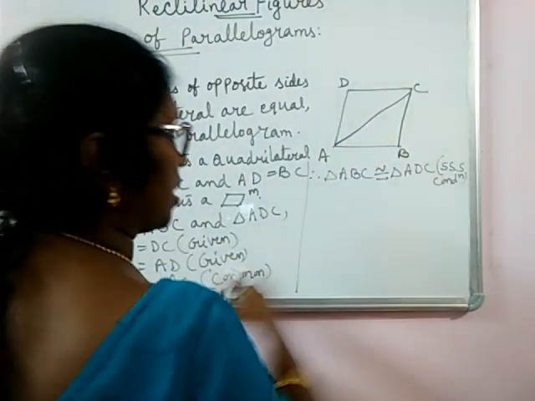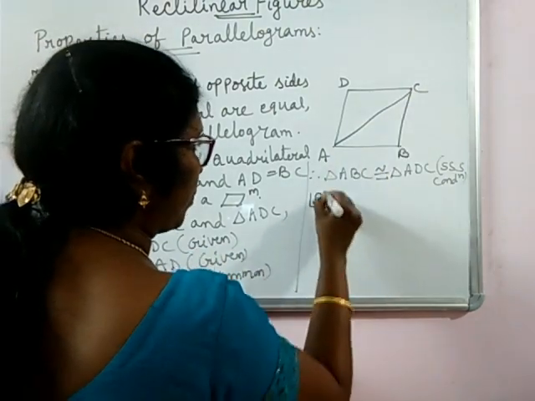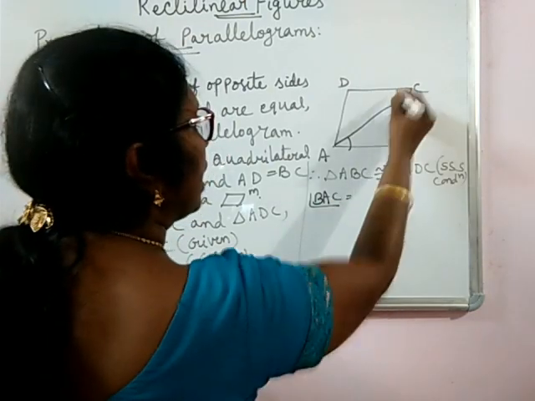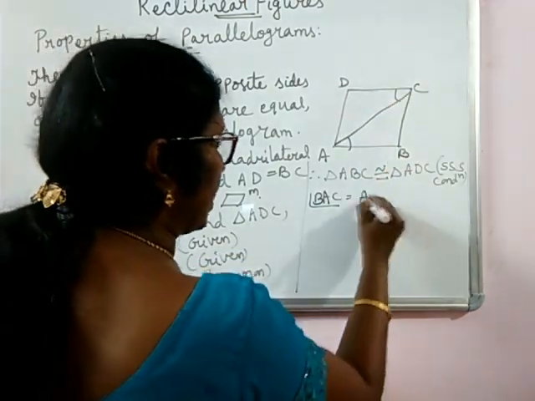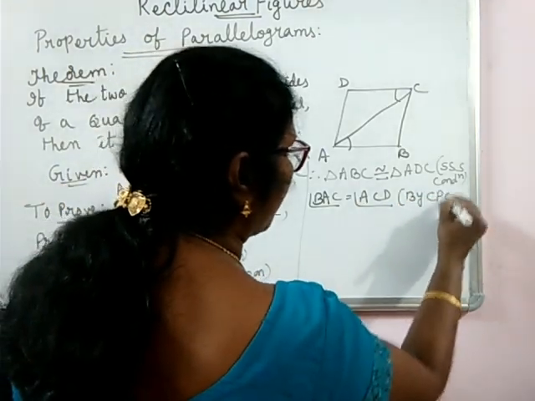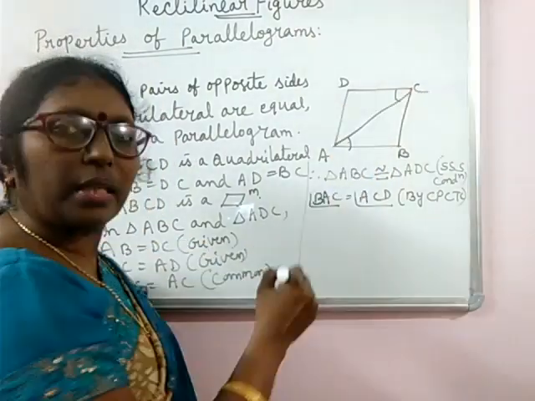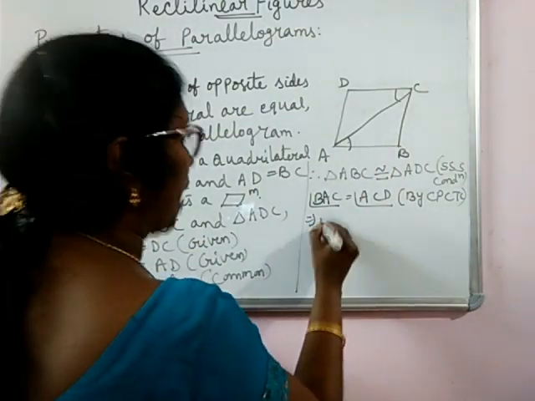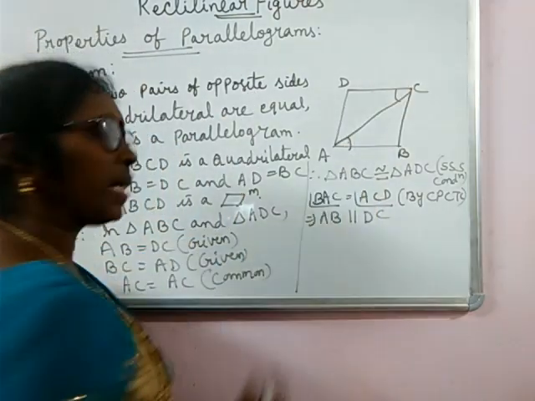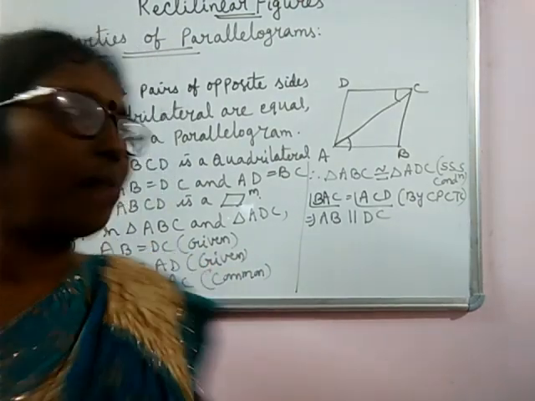If these two triangles are congruent, angle BAC is equal to angle ACD, that is by CPCTC. These two are interior alternate angles. That implies AB is parallel to DC. If a pair of interior alternate angles are equal, the lines are parallel.